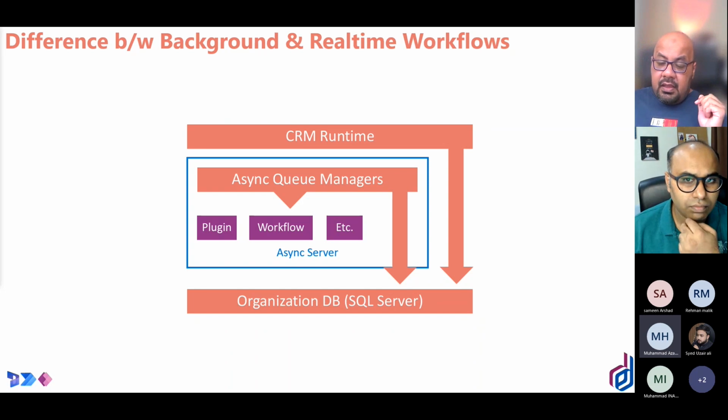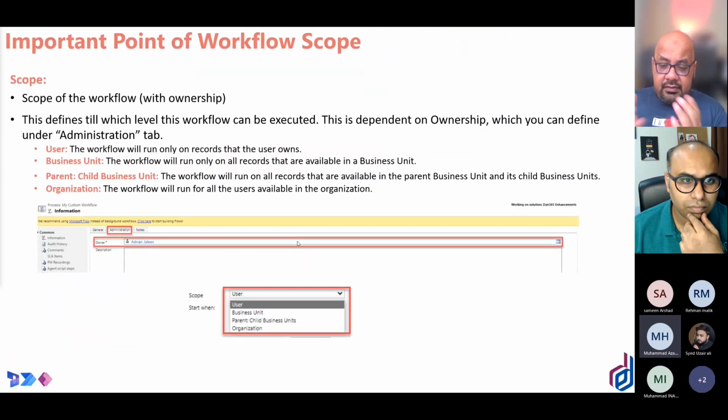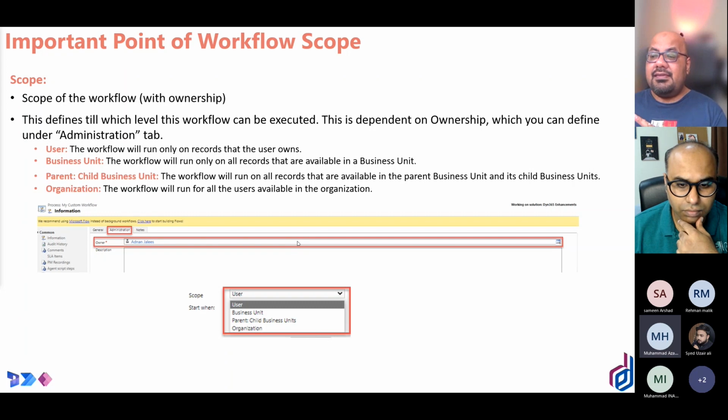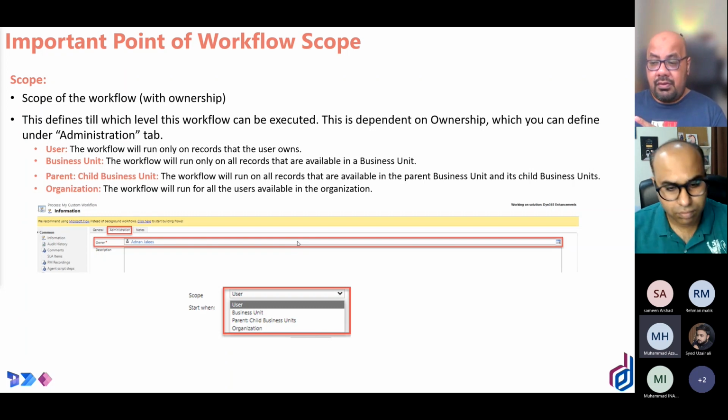Now, there is an important point, and this is what Wahaj will also explain when he demonstrates. The consideration you need to see here is who is going to own that particular workflow. It is very important that you identify who owns it and under which user context the workflow should execute, whether this is user based, business unit based, parent-child business unit, or organization level.